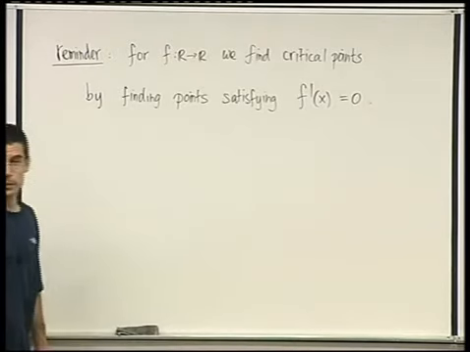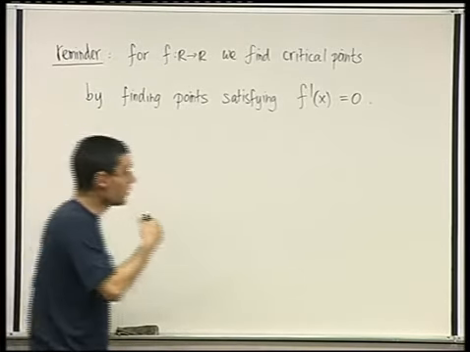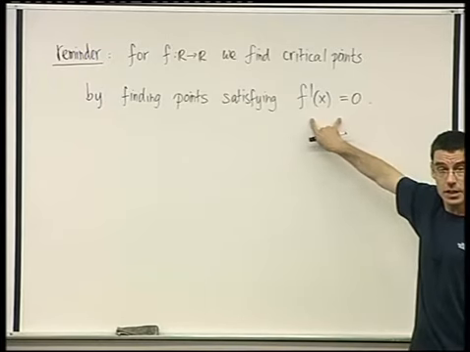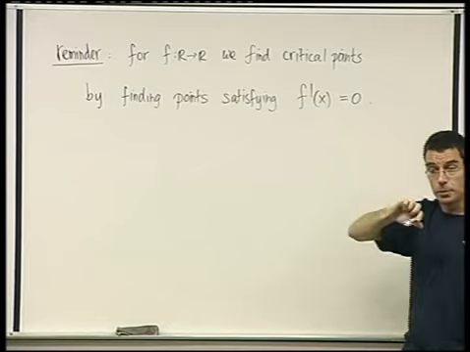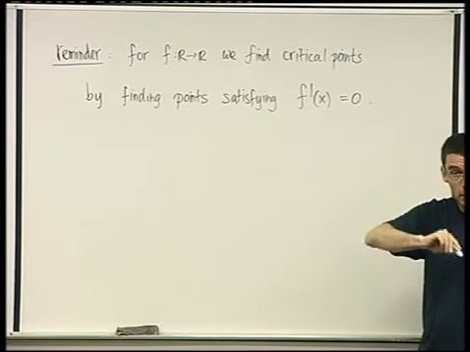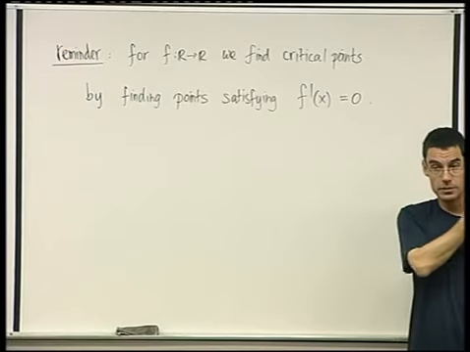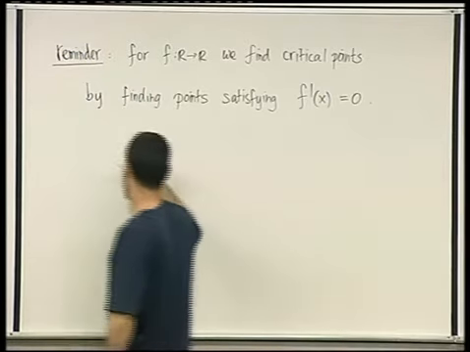Do you agree? And there's an entire discussion of this, and you know that. First of all, not every point that satisfies this is indeed a minima or a maxima. It's just suspicious. It could be, for example, like a shoulder like this, right?